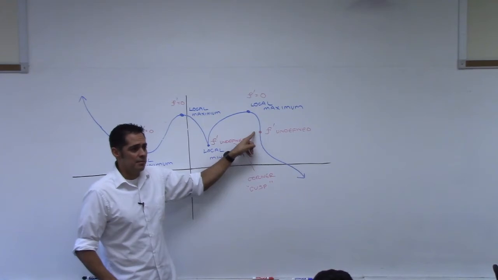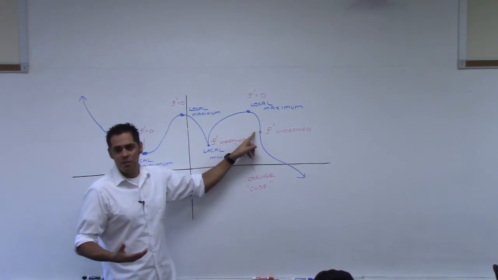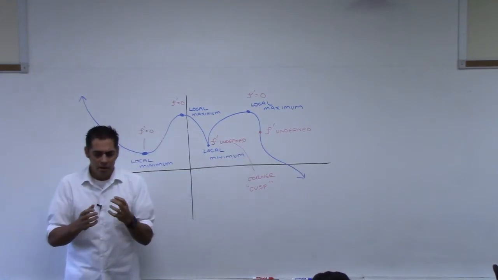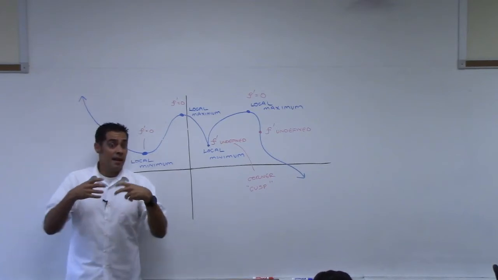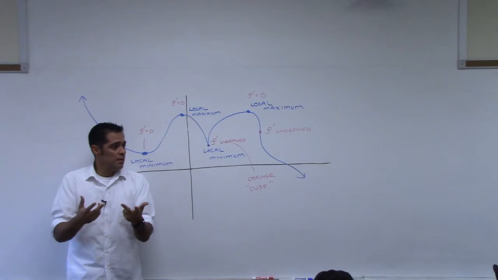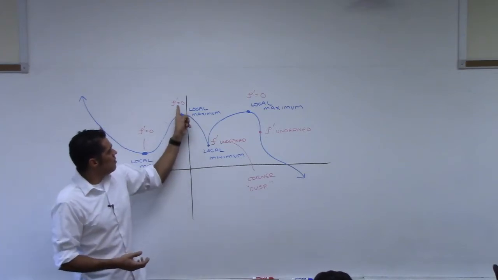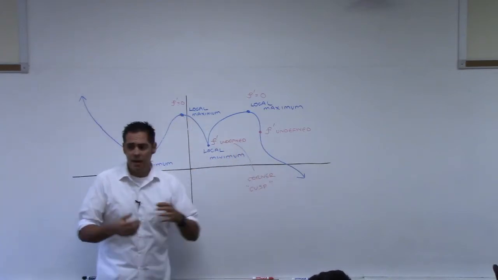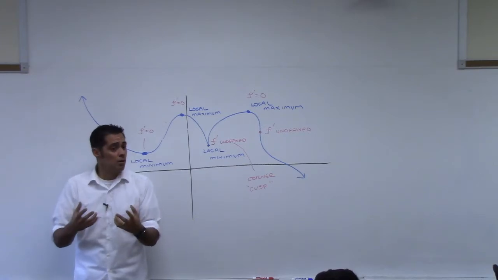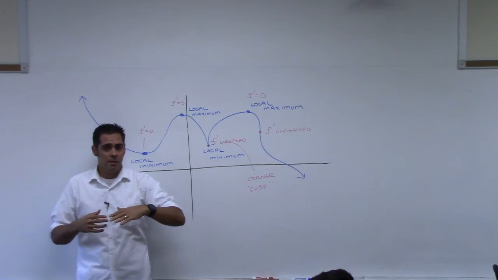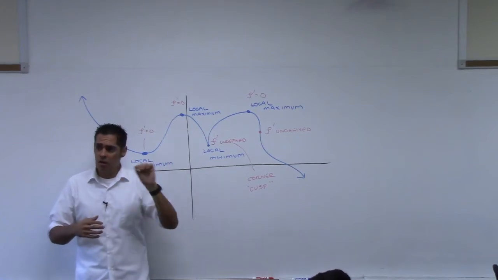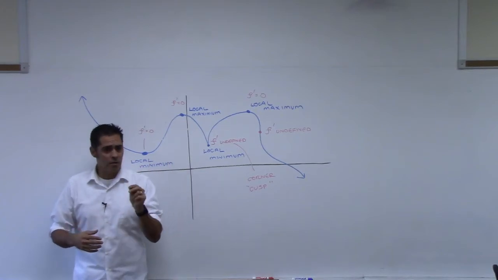And that's not a maximum. So the derivative being 0 or undefined can be important to us. In fact, wherever the derivative is 0 or undefined on a function is critical in determining whether or not we have a maximum or minimum.